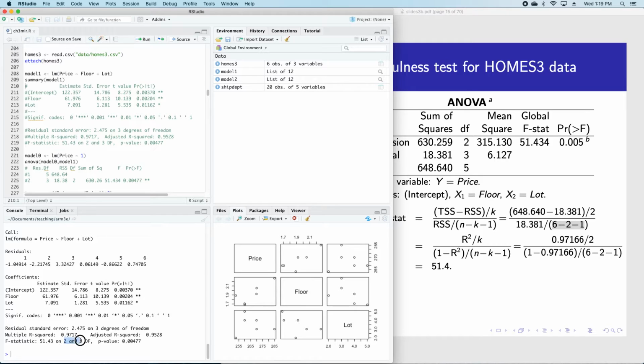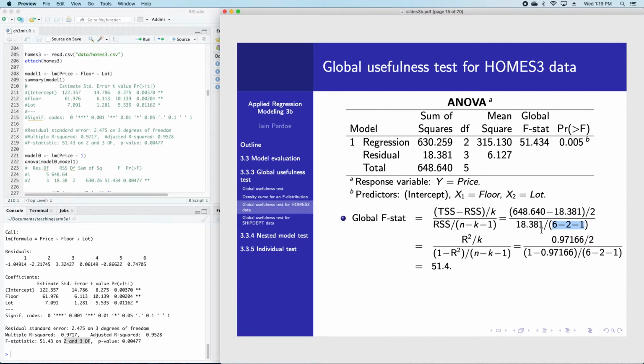That's what this means here in the output: 2 degrees of freedom in the numerator, 3 degrees of freedom in the denominator. And there's RSS again. We can also use the formula that has R squared in it. So there's R squared, and there's 1 minus R squared. Either way, you end up with 51.4. You end up with this number here.